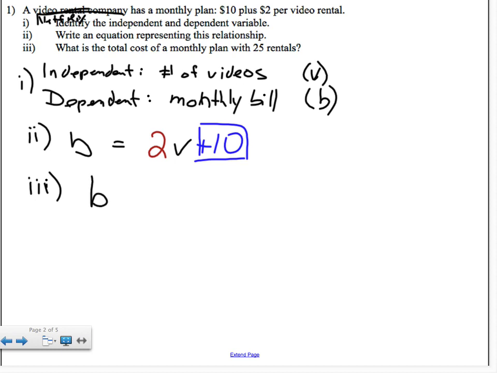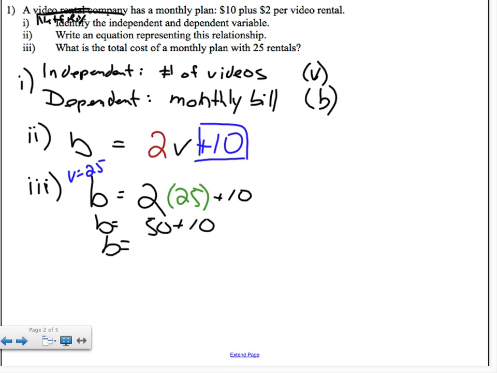So V is equal to 25. That means B is equal to 2 times 25 plus 10. So B is equal to 50 plus 10, so B is equal to 60. Therefore my bill is $60.